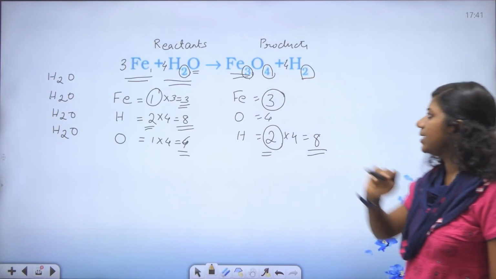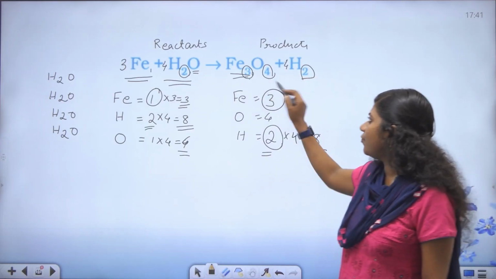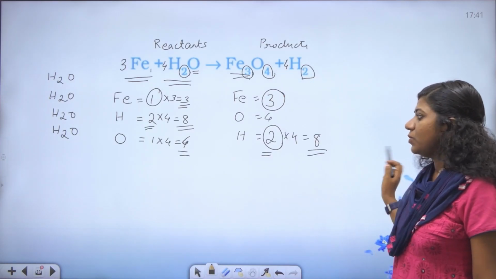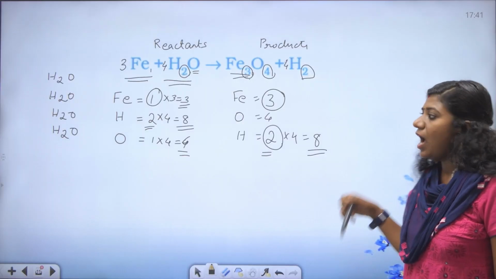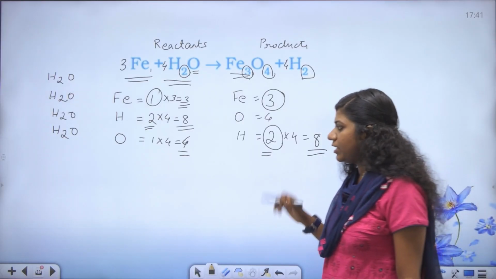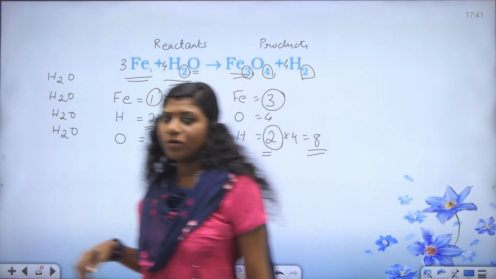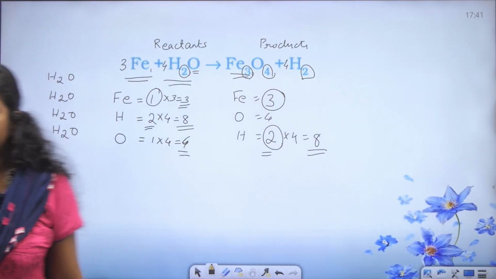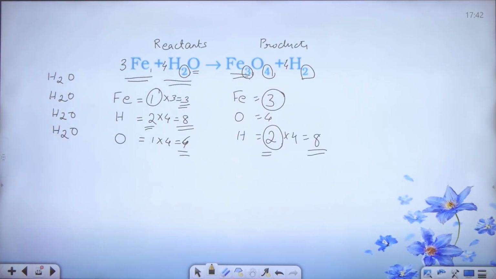And in the product side, Fe3O4, O4. So the equation is balanced. Iron 3, hydrogen 8, oxygen 4 on both reactant and product side.